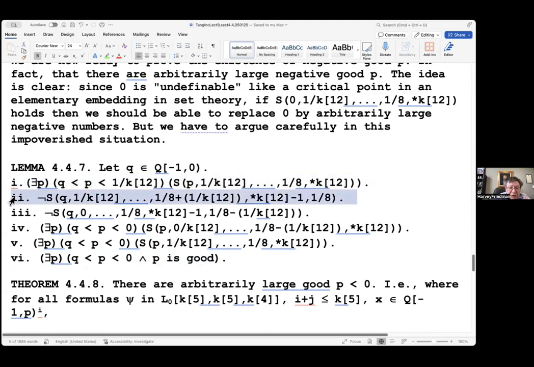And then I use the construction of the graph to put that in negated atomic form. And then I shift to the left by J. In other words, this is just the indiscernibility, the invariance that the original statement gives me.